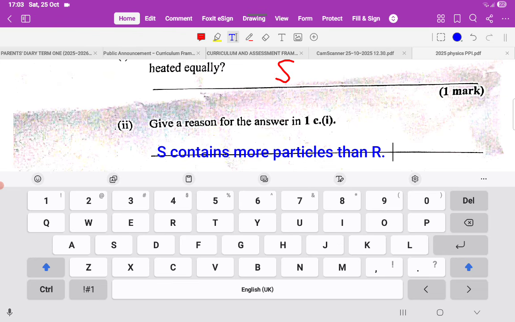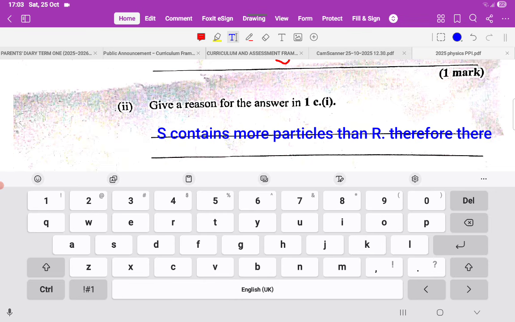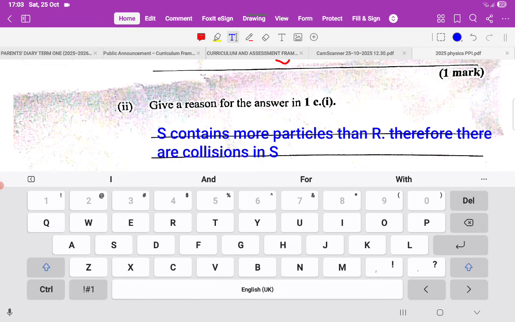Therefore there are more collisions in S between particles.